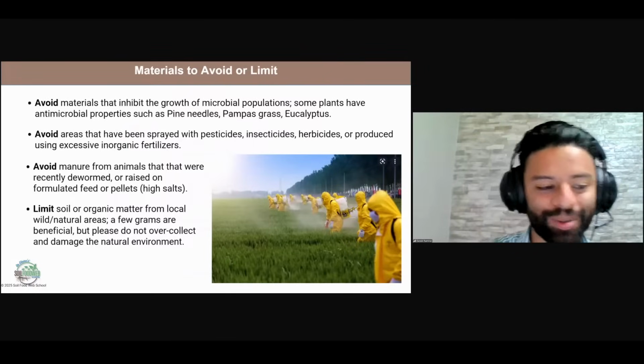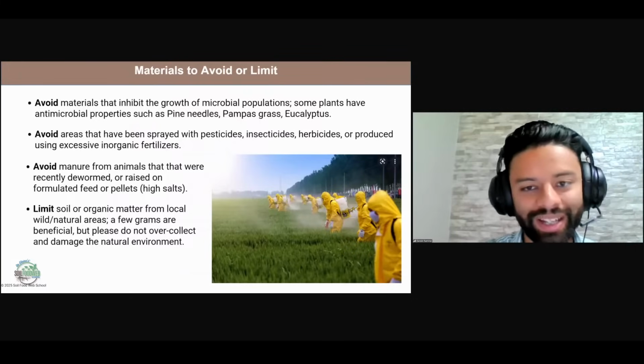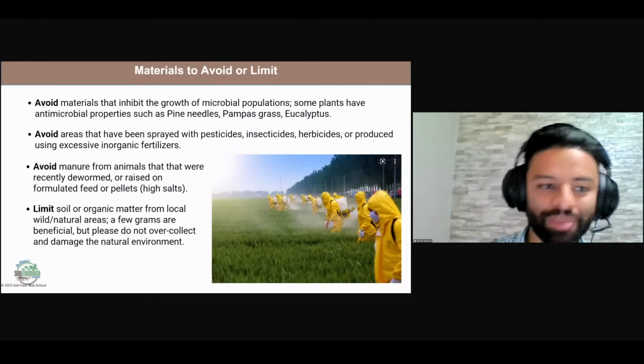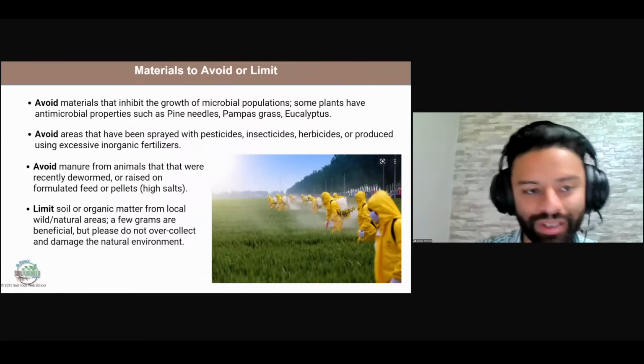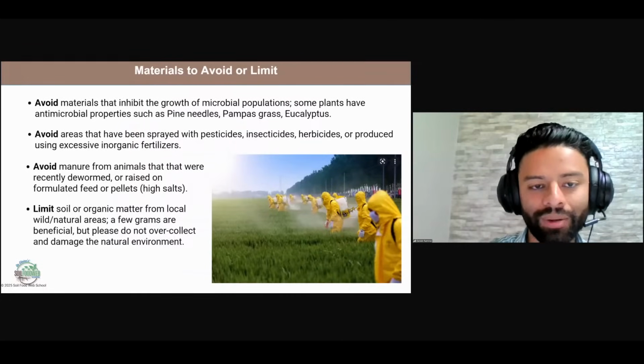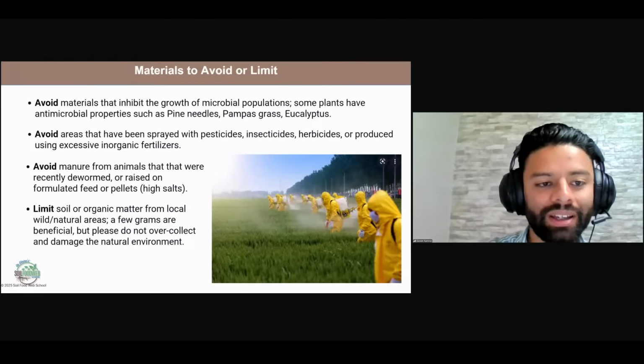And again, since our focus is inoculum, we're not going to get any inoculum from that. We can actually be introducing substances that are going to kill the biology that we have in our compost. So we have to be very careful about how our materials were managed.